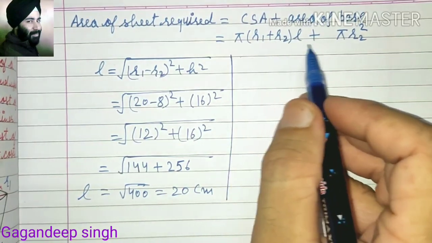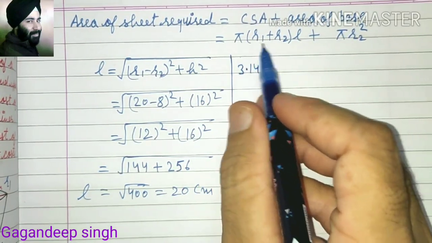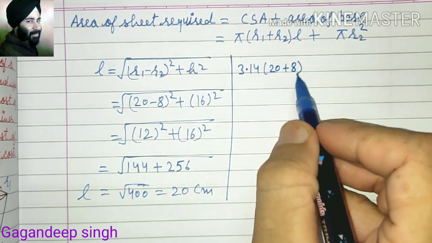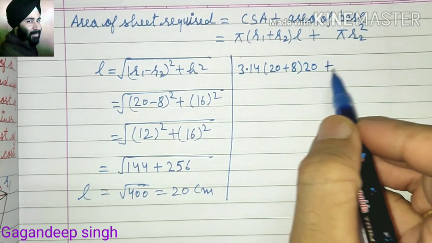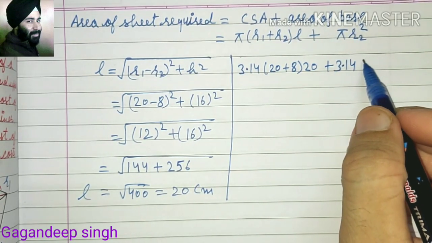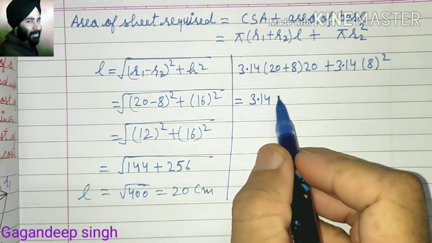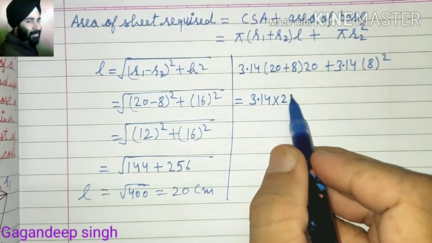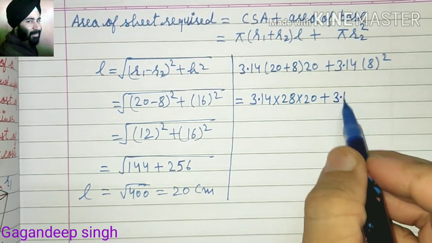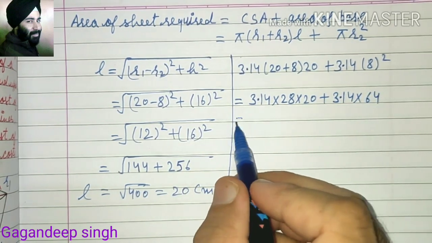Now to find area of sheet required, pi is given 3.14, r1 plus r2 is 20 plus 8, L is 20, plus pi is 3.14 and r2 square means square of 8. 3.14, 20 plus 8, 28 into 20 plus 3.14 into square of 8 is 64.